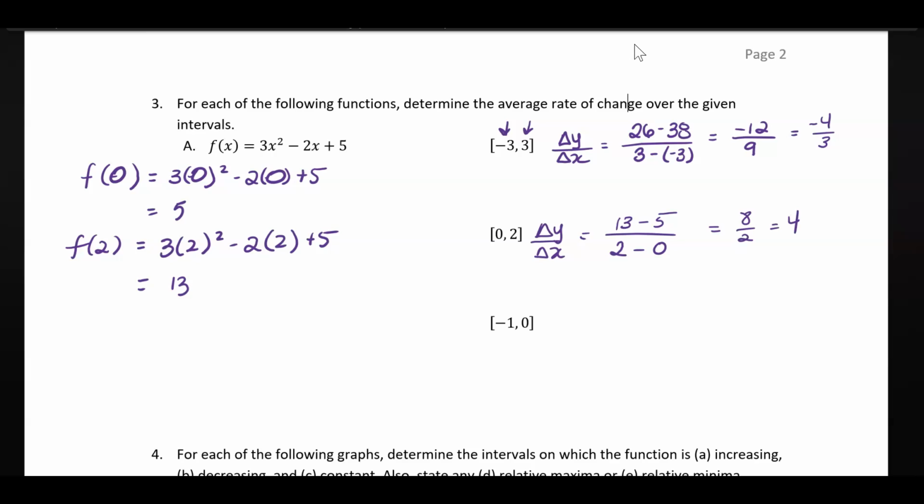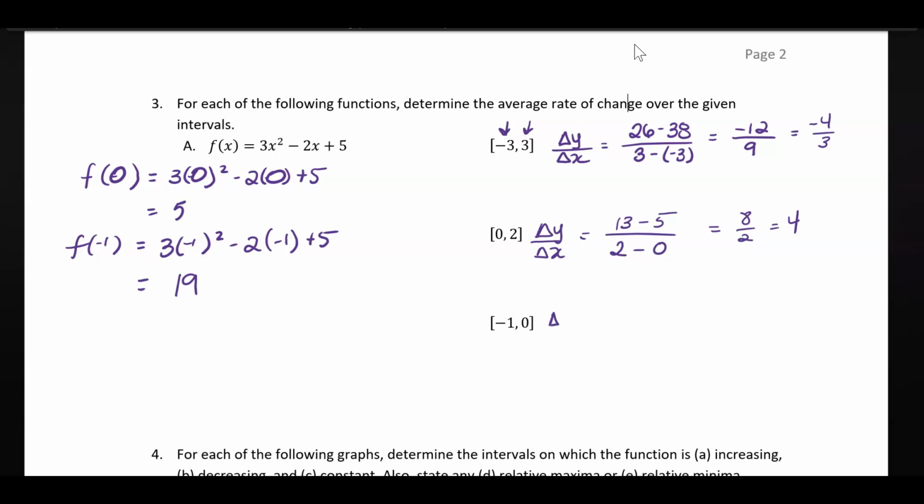All right, our last one here. We already know what 0 is. 0 is going to be 5. So 0 is going to map to 5. But negative 1, we need to plug in. Let's figure out what negative 1 is. So I got 19 here.